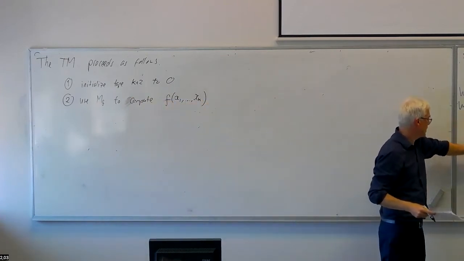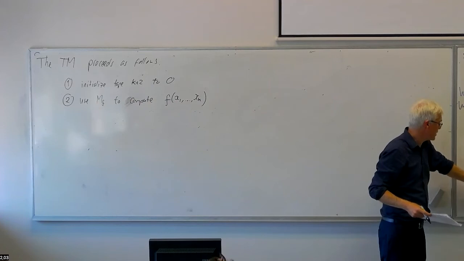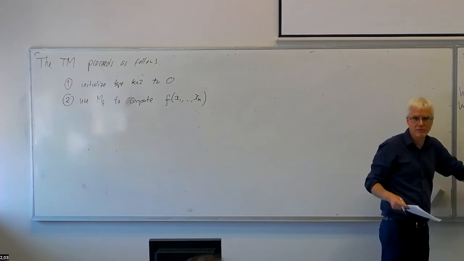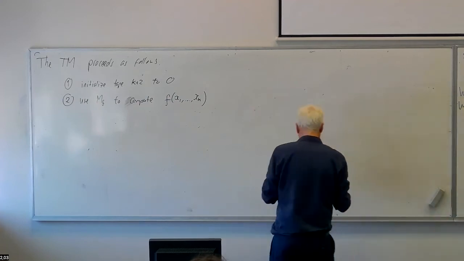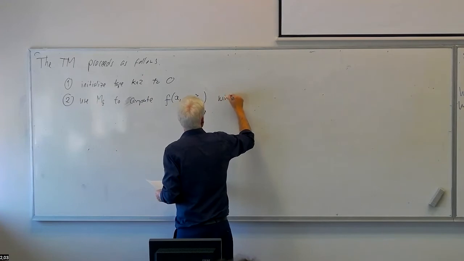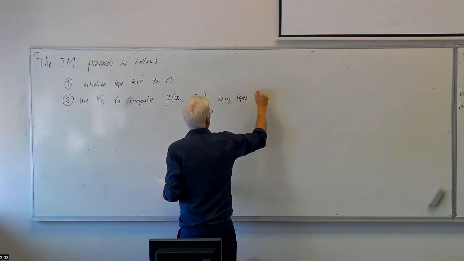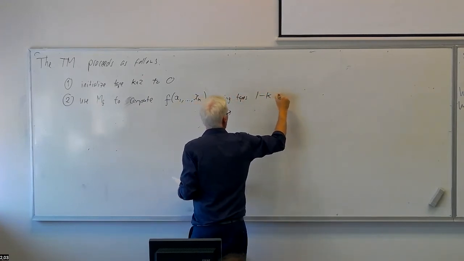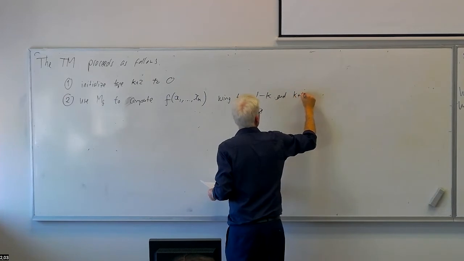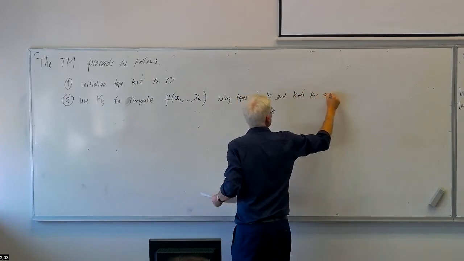The Turing machine MF uses k plus 1 tapes, and we ask its other tape to be k plus 4 here. So using tapes 1 to k and k plus 4 for its output.